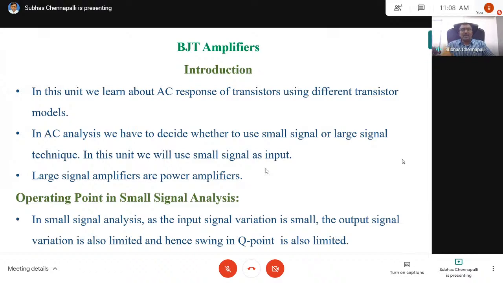There we need to find the current gain, voltage gain, input impedance, output impedance, including the source resistance. Like that we have to do, and a lot of derivations are involved.